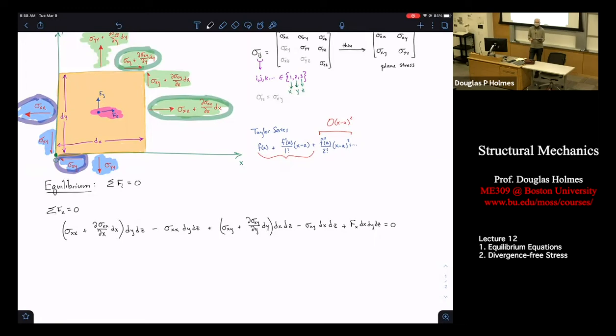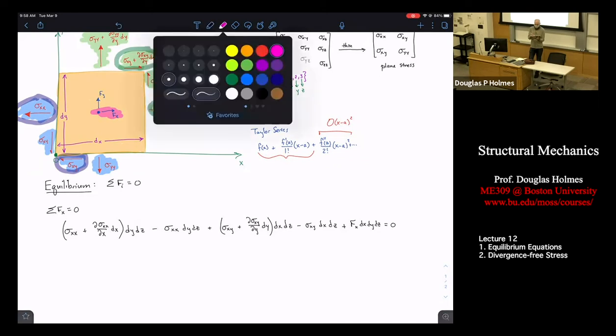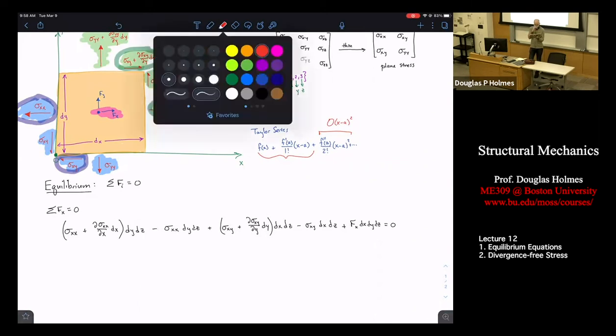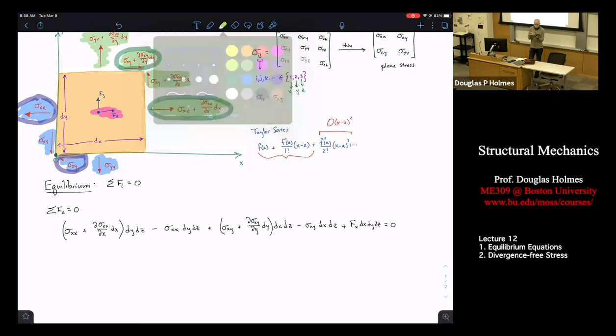Good? Yeah? All right, this looks terrible, but it's not that bad. We're going to simplify. All right, how do we simplify? The first thing is we can identify that some stuff is going to go away here. So for instance, let us look at this quantity, which multiplies these, and this quantity.